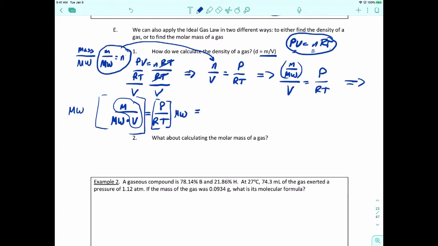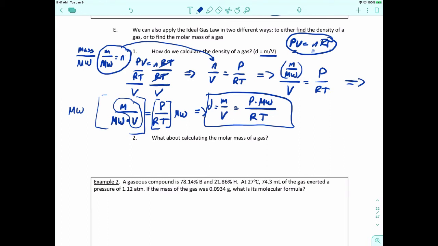So if I try that, let's see how that works. You're going to get M over V, this is, by the way, density. This would be equal to the pressure times the molecular weight divided by RT. And there it is. We have an expression to help us calculate the density of a gas.